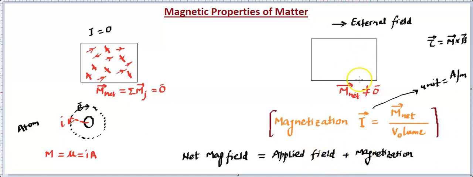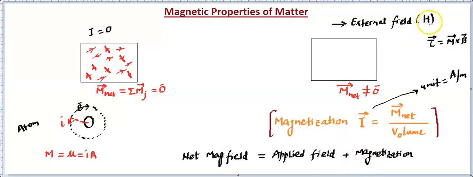So for that reason, the external field that we apply, we do not write it as B, because B, the magnetic induction, does not have a unit of ampere per meter. So we convert it into a different letter called H, and this H is going to have the same unit as this I.